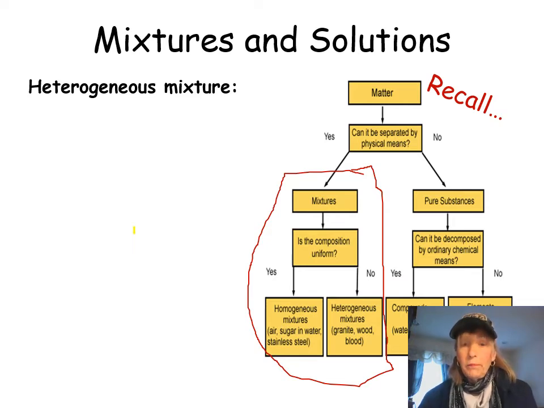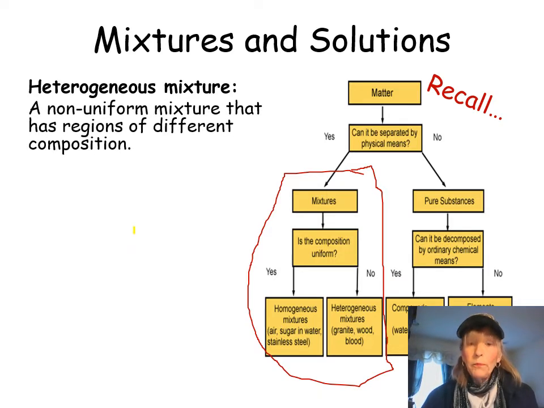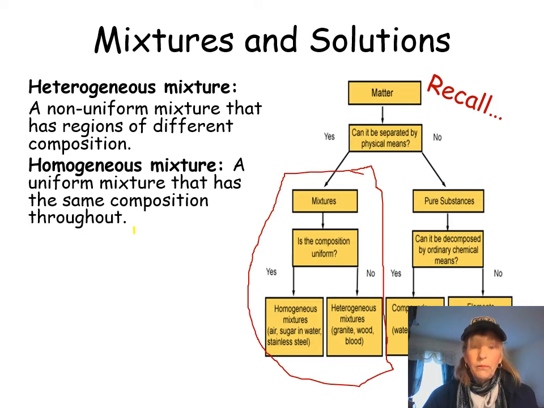All right. So focusing on that end of our chart, let's recall heterogeneous mixtures. Remember, they are non-uniform mixtures. That means they have regions with different compositions in them. On the other hand, a homogeneous mixture is a uniform mixture that has the same composition throughout. Recall that there was another name for homogeneous mixtures.